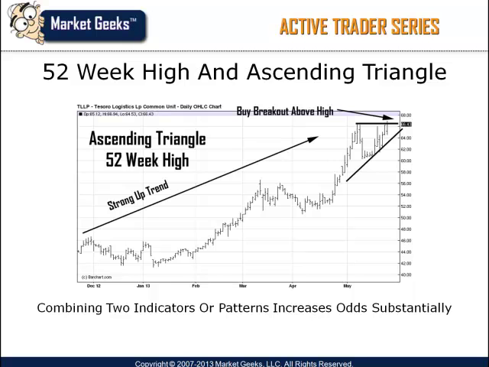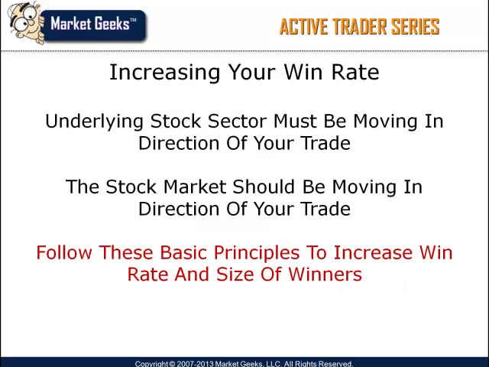When several indicators or technical chart patterns set up in line with each other, it truly creates the best environment for short-term trading. When analyzing stocks for high probability setups, make sure to analyze the underlying sector and make sure the majority of the stocks in that sector are pointing in the same direction as your stock pick.